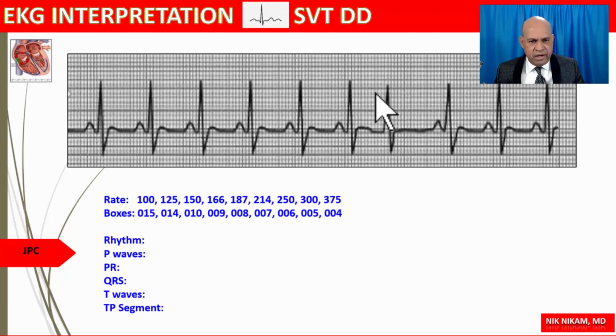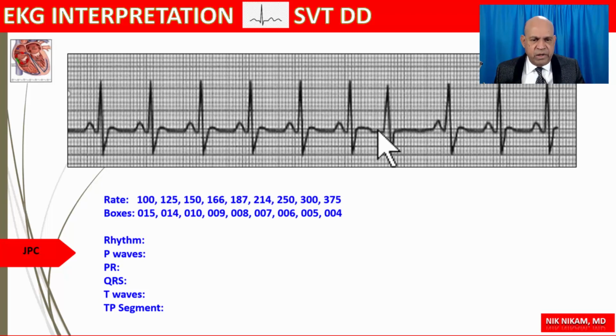Then we have what looks like a different morphology. And number 2, this is premature because it is happening before the next P wave is due. In fact, we don't even see a P wave here. We have a QRS complex, which is slightly less than 120 or maybe 120 milliseconds, but the initial deflection looks very similar to the sinus beat.